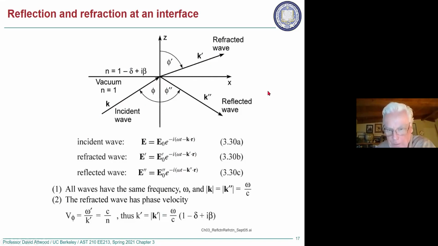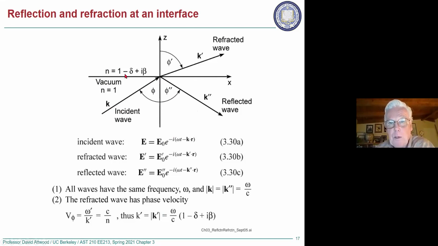Here's our diagram, using the language and letters almost always used. There's an incident wave here, shown as k, which comes to an interface between vacuum and some refractive index. It could be anything here, okay?